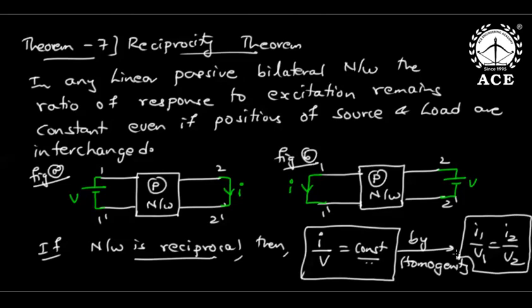See the meaning. Now read the statement: in any linear passive bilateral network, the ratio of response to excitation remains constant even if the positions of source and load are interchanged. Here the source is at port 1 and the load is at port 2. Similarly, the source is at port 2 and the load is at port 1. Here we took excitation as voltage and response as current.